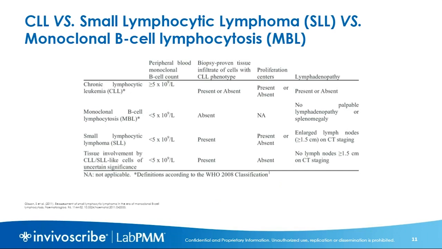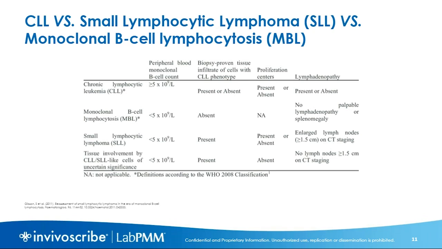It is important to differentiate CLL from monoclonal B cell lymphocytosis, or MBL. CLL requires that the peripheral blood monoclonal B cell count exceeds 5 times 10 to the 9th per liter.